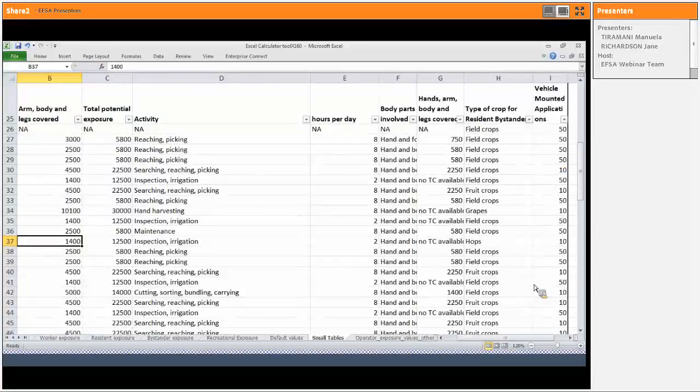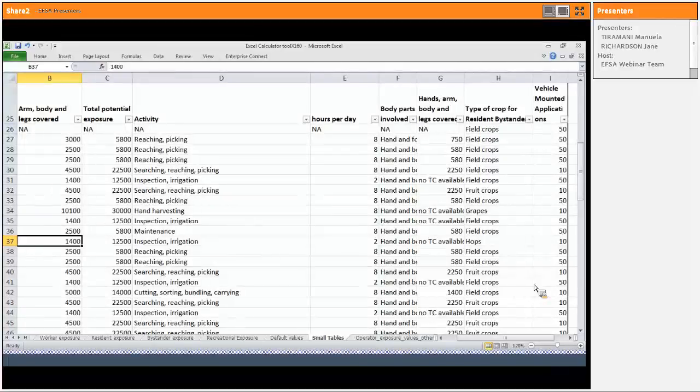Yeah, and I think the approaches could be two. I mean, when you start playing with the calculator, if you want to become familiar, you can. We will see later with Jane. She'll guide us through. But we can go to the first page and insert the parameters we have in the gap table.